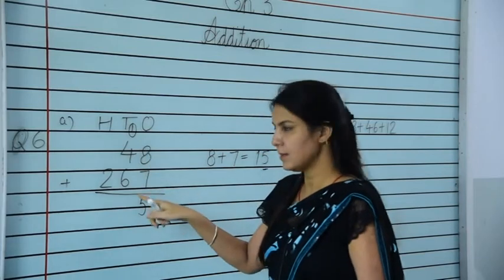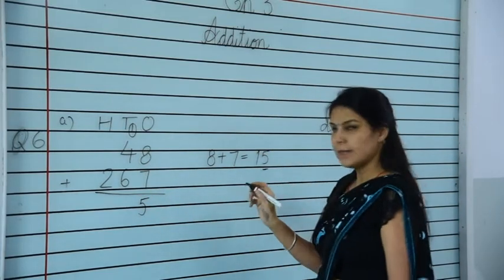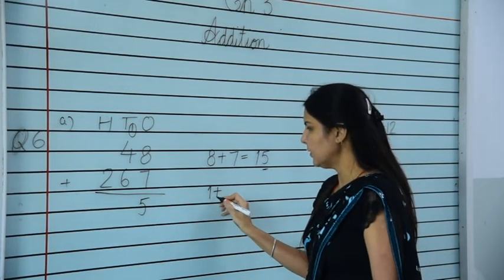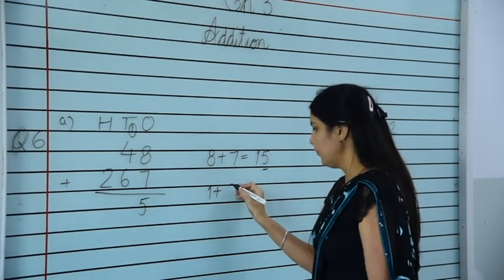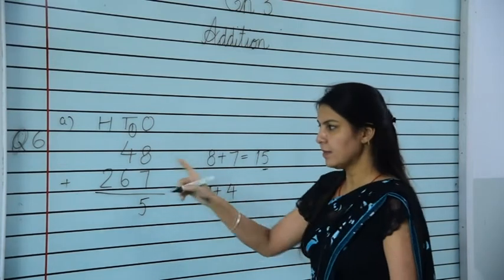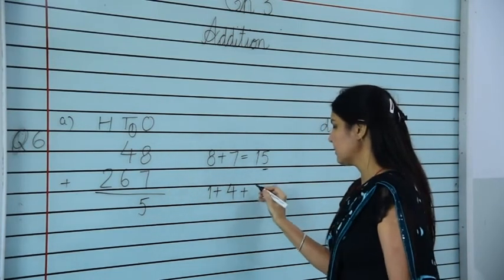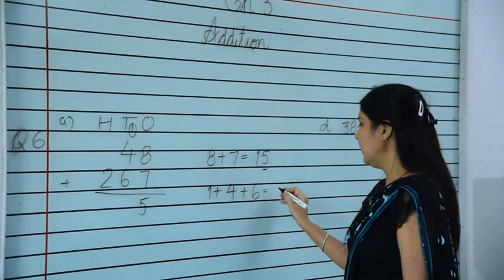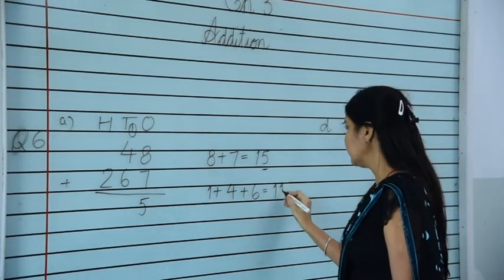Now in the second step, we will add 1, the carryover digit, 4, this is given in the sum, and 6. Now what will we get? We will get 11 after adding these numbers.